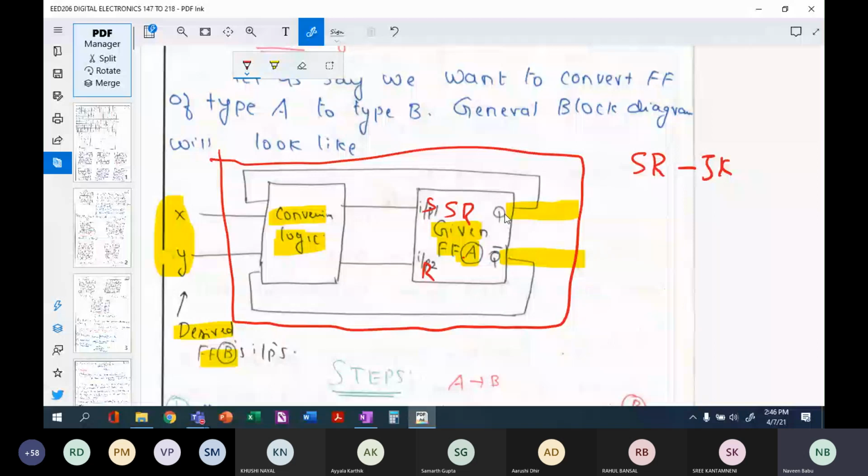The inputs to this conversion logic will be the inputs of my desired flip-flop, J and K. And my outputs will be the outputs of my JK flip-flop. So this is what we are going to see, the conversion of one flip-flop to the other flip-flop.